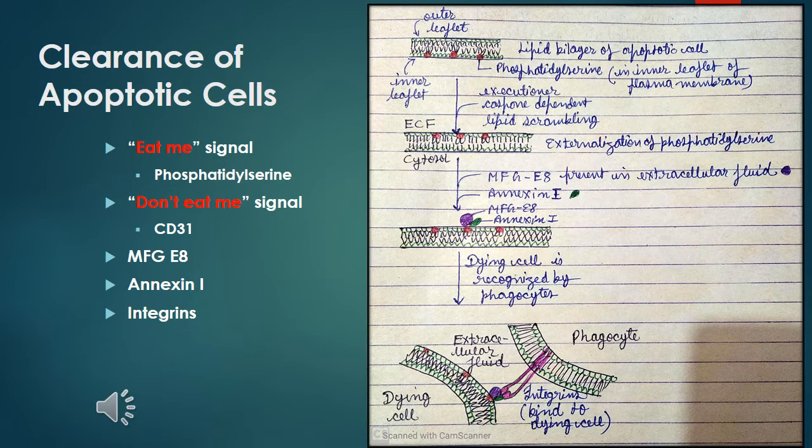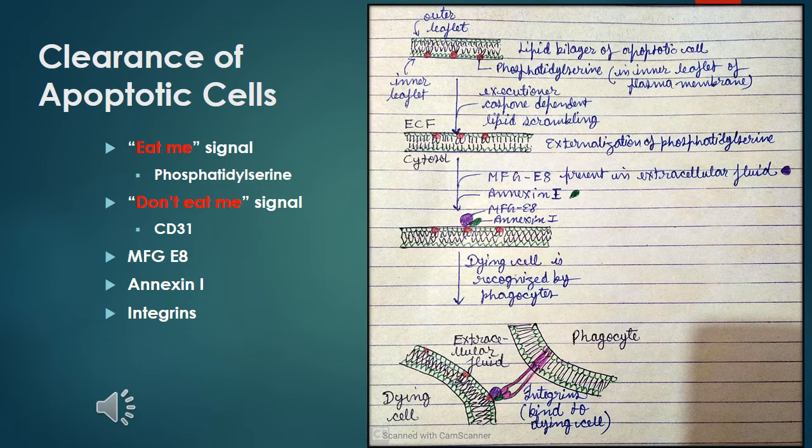After externalization of phosphatidylserine molecules, some other extracellular factors like MFG-E8 and annexin-1 are recruited over the externalized phosphatidylserine molecules. The recruitment of these extracellular factors leads to tethering of integrin molecules present on the surface of phagocytes. This tethering allows the phagocyte to come closer to the dying cells, which facilitates their clearance by engulfment by the phagocytes.